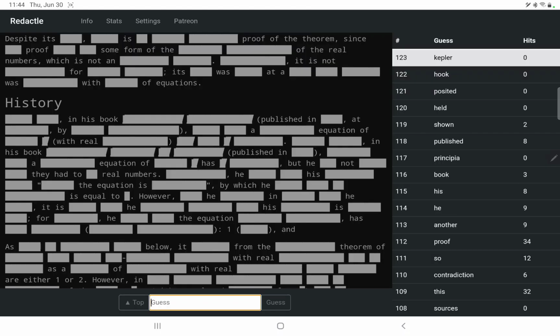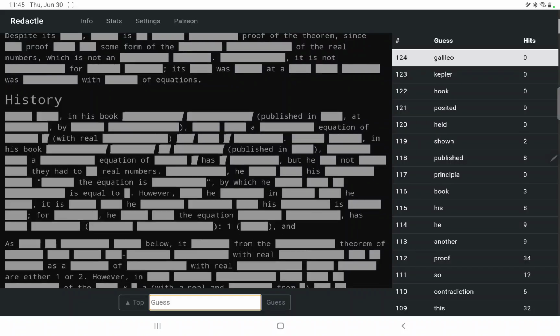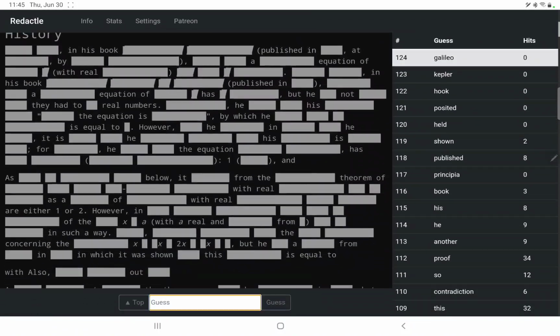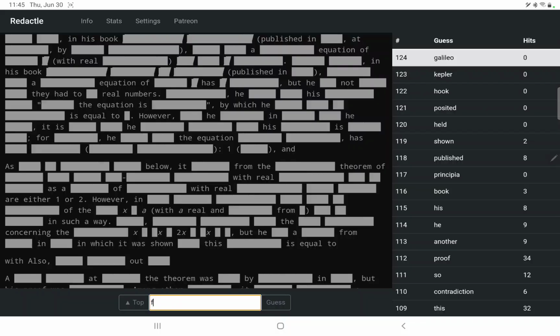Kepler was more astronomy, right? Galileo, did he dabble in mathematics? Don't think so. Oh, of course, there was Fermat, his last theorem. Didn't spell it right. There we go. No, he is not mentioned.